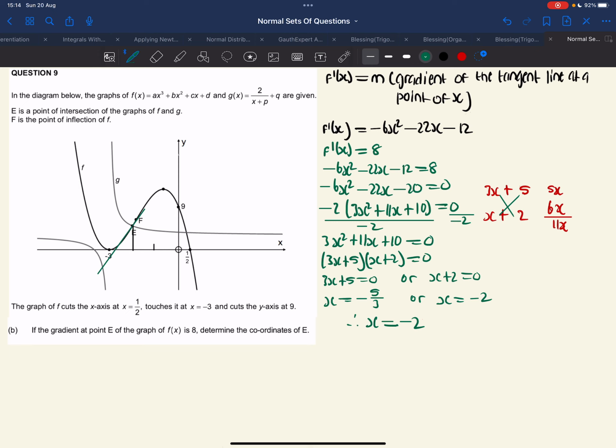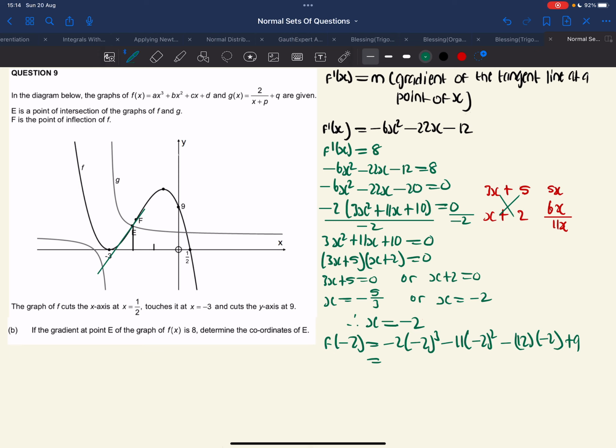So we can now say f of minus 2 equals, now remember our original equation, minus 2 over 3 times minus 2 cubed, minus 11 times minus 2 squared, minus 12 times minus 2, and then plus 9.